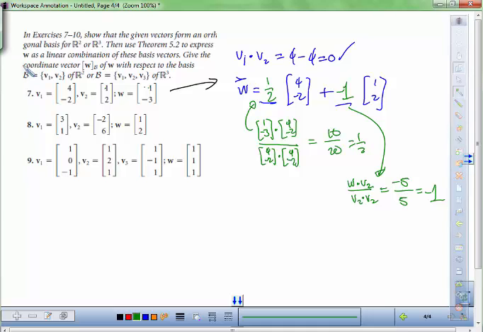Okay, now this last bit that they're asking for is give a coordinate vector W, which is equal to 1, 3, equal to another vector, or essentially the same vector, but with respect to this basis, B, where B is equal to this V1, V2 business.